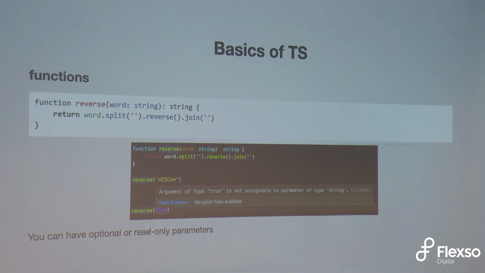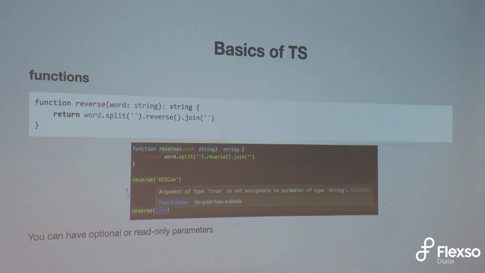You see that this reverse function expects a parameter word of type string, and it returns a string. So I declare at design time the signature of my function. And this is used by the TypeScript compiler, and also by IDEs to help you.